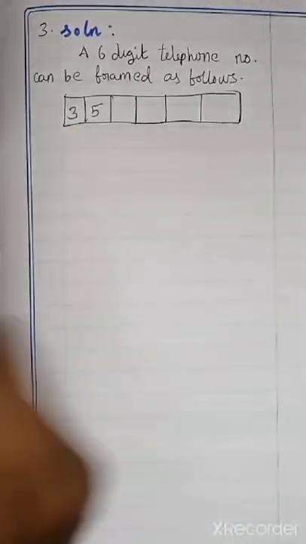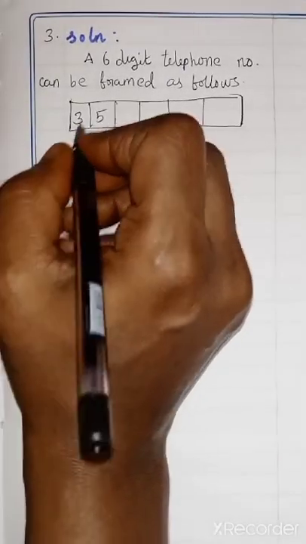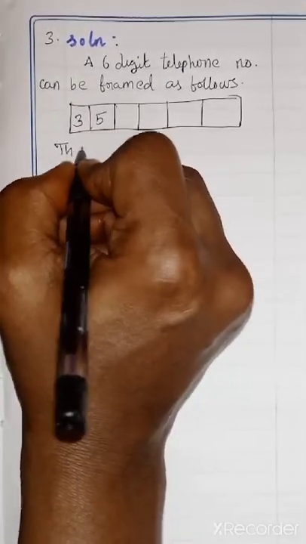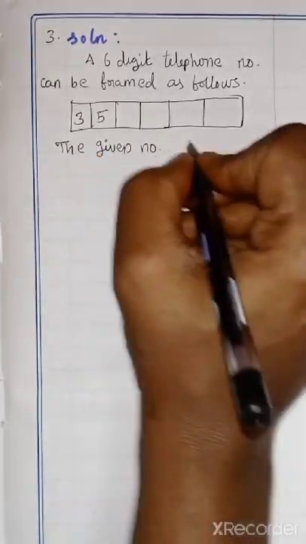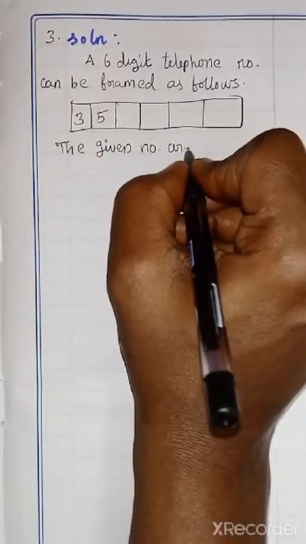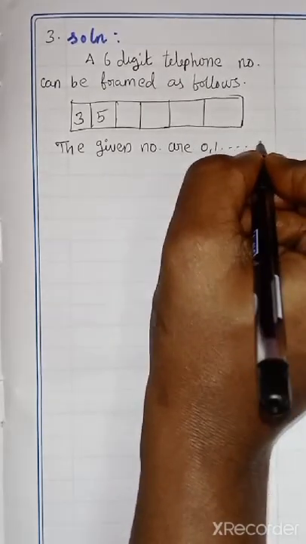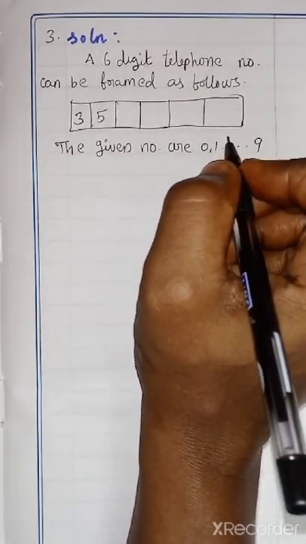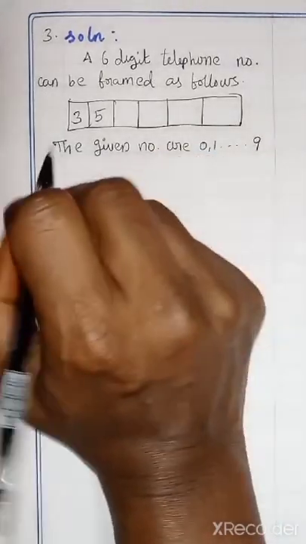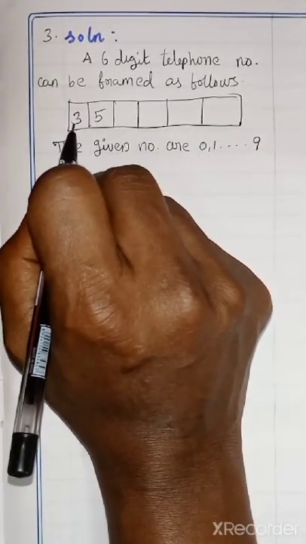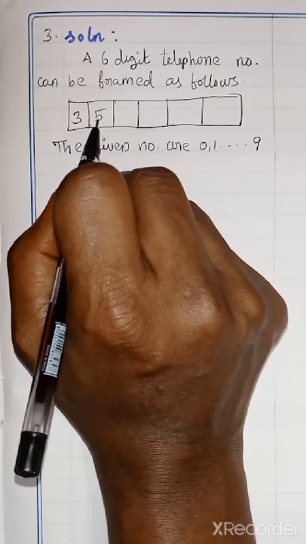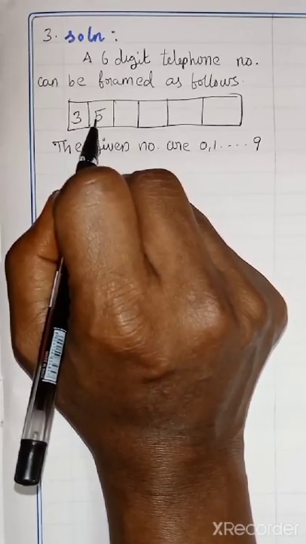Okay, so what are the numbers given? 0 to 9 is given. Out of 0 to 9, 3 and 5 we should not take. So if we leave 3 and 5, how many digits are there?